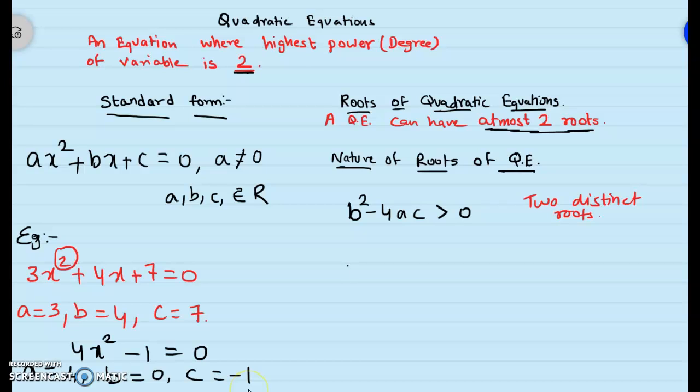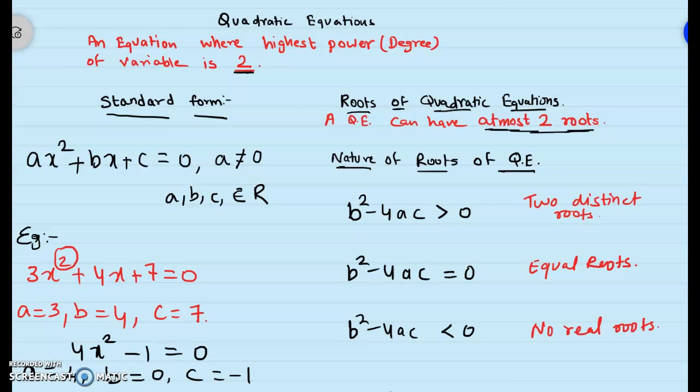If b squared minus 4ac is equal to 0, the given quadratic equation has real and equal roots. Real and equal roots means it will have only one solution, as both roots are equal. And the last case: if b squared minus 4ac is less than 0, that is, negative, then the given quadratic equation will have no real roots.